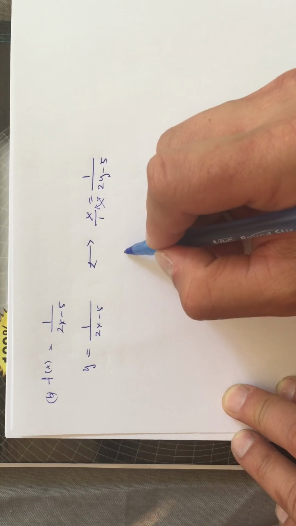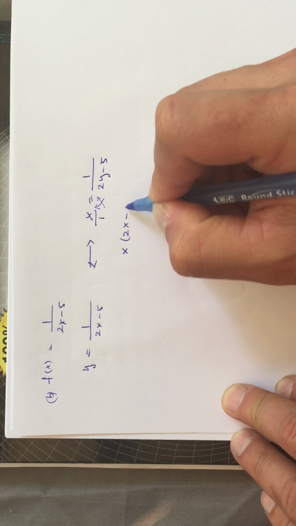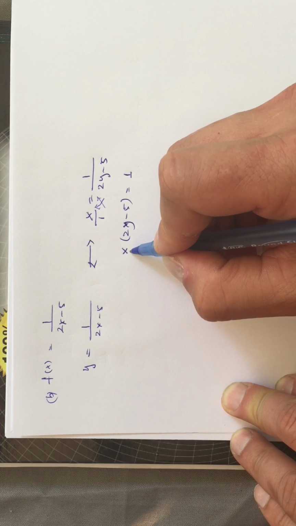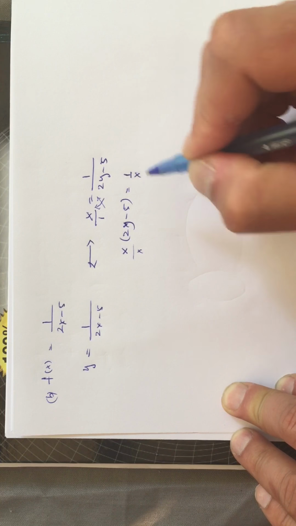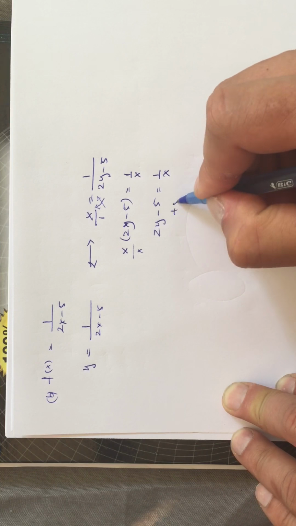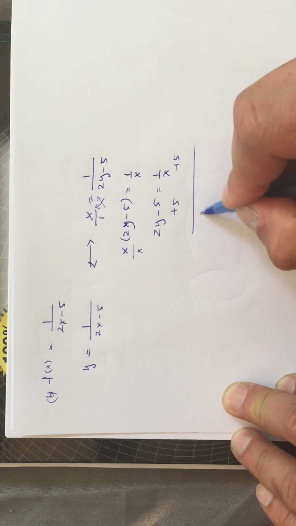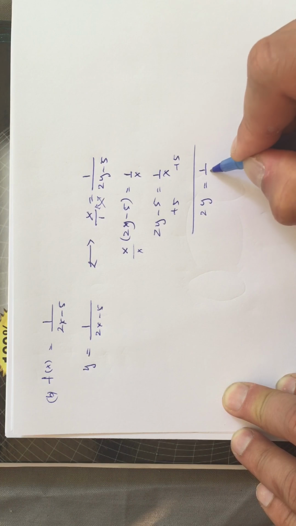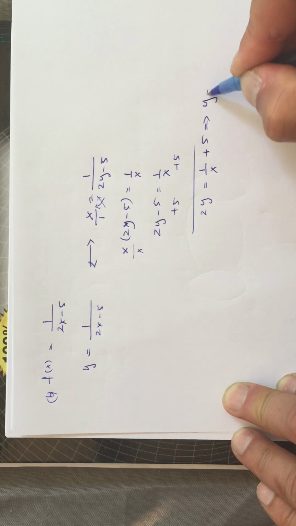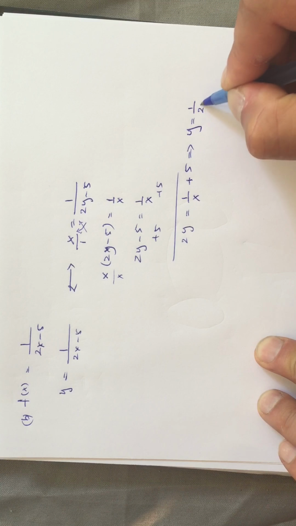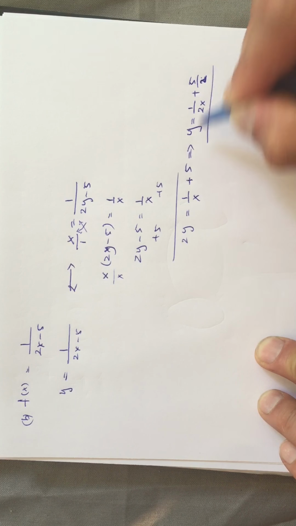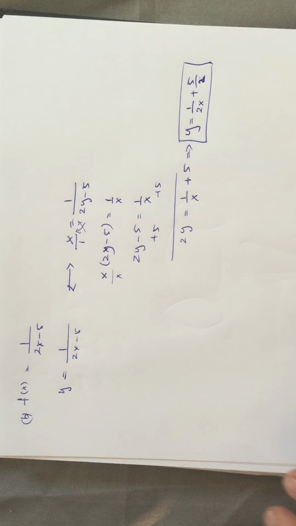That means you have x times (2y minus 5) equals 1. I want to get rid of this x, so I divide both sides by x. So 2y minus 5 equals 1 over x. Add 5 to both sides: 2y equals 1 over x plus 5. That means y equals 1 over 2x plus 5 over 2. So this is your inverse function.